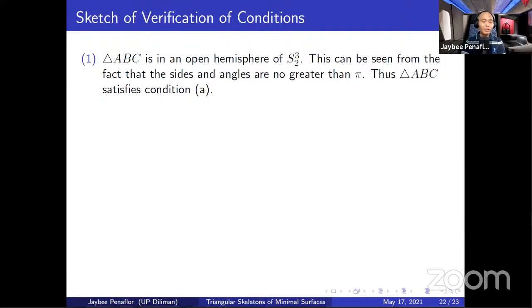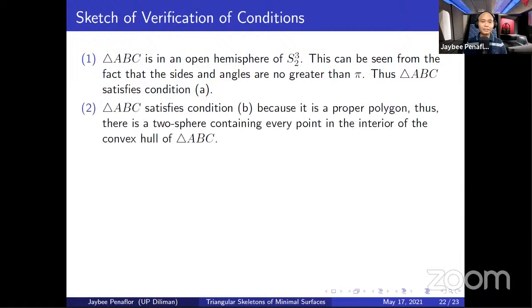To prove condition A, we have actually mentioned this earlier. Triangle ABC is in an open hemisphere of S^3_2. We saw that no sides and no angles are greater than pi. Clearly, triangle ABC satisfies condition A. Second, triangle ABC satisfies condition B, and this is coming from the fact that it is a proper polygon.